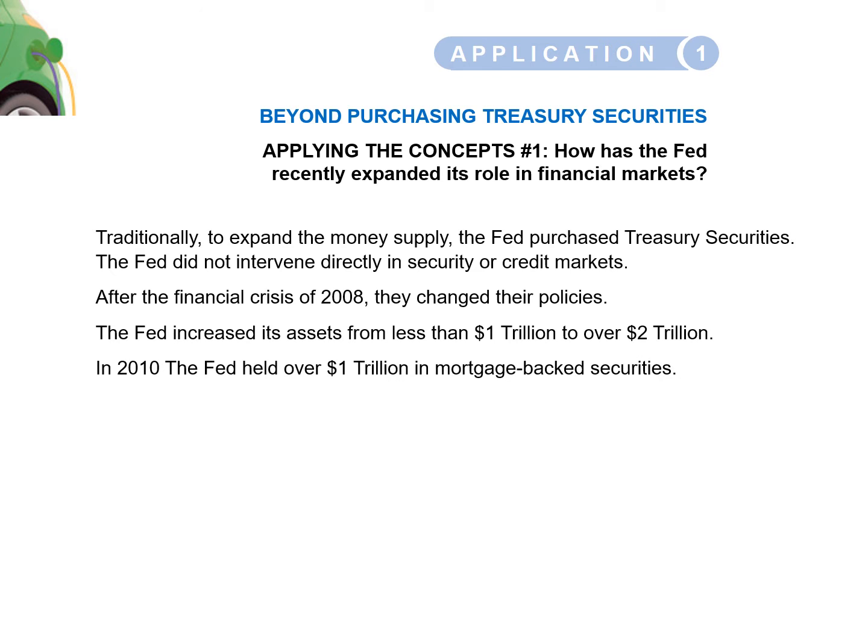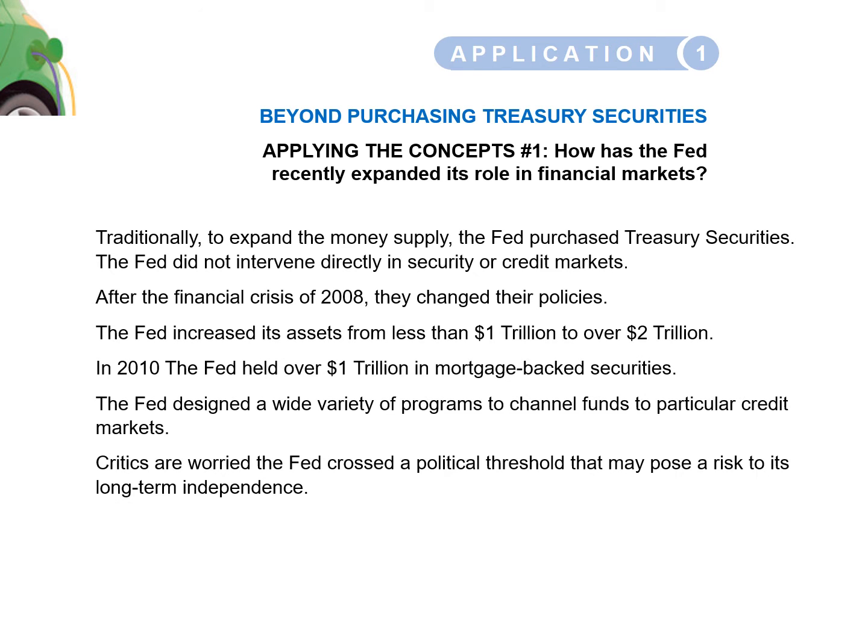On this slide, this is an application slide where we're applying the concept of how the Fed has recently expanded its role in the financial market. After the 2008 financial crisis, the housing bubble burst that triggered this mega recession.